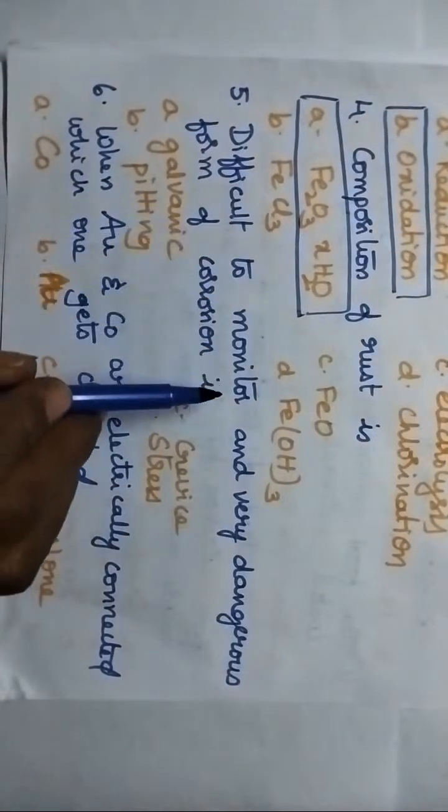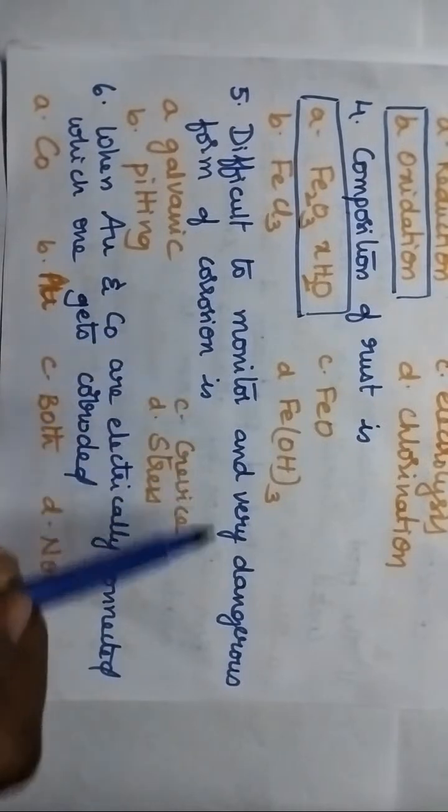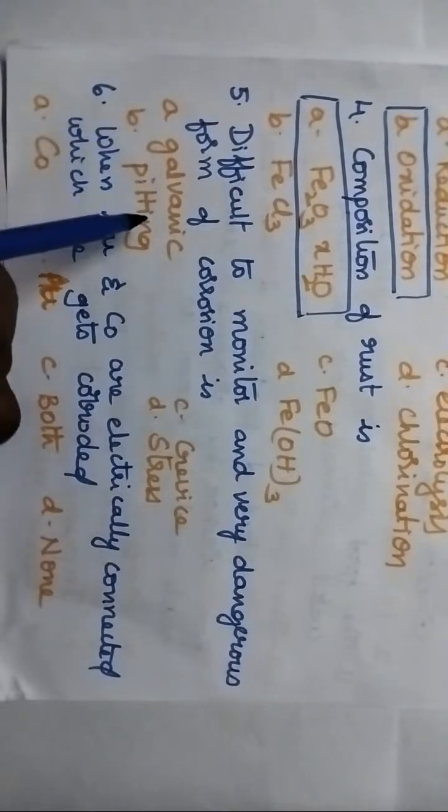Difficult to monitor and very dangerous form of corrosion is... You are supposed to identify which of the following corrosion is difficult to identify and also is a very dangerous form of corrosion. A, galvanic corrosion.